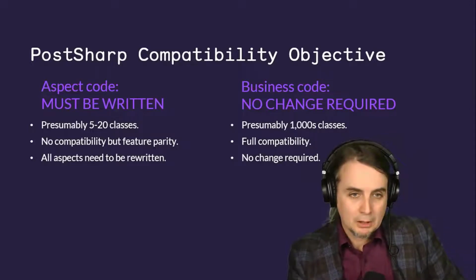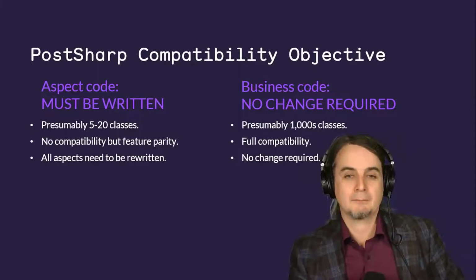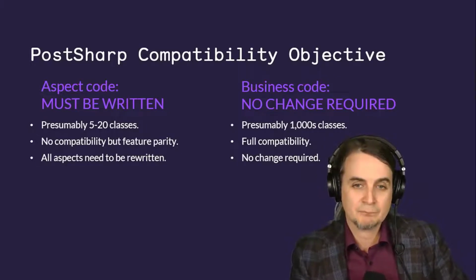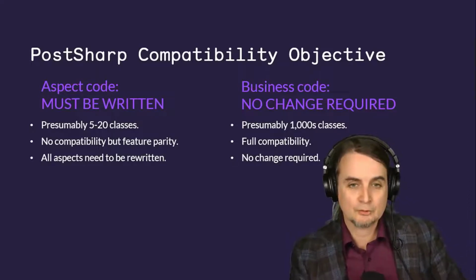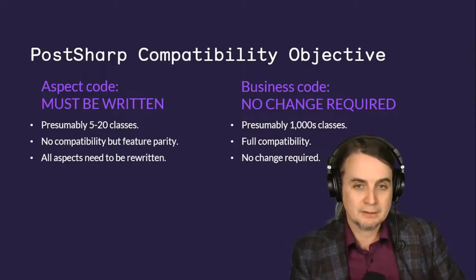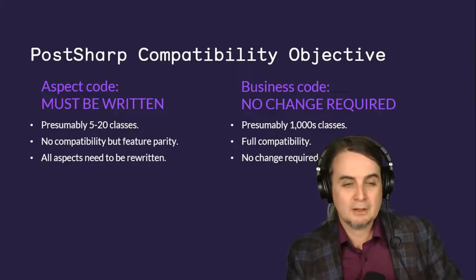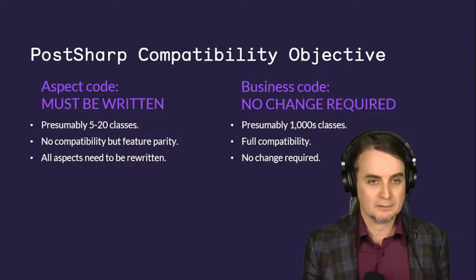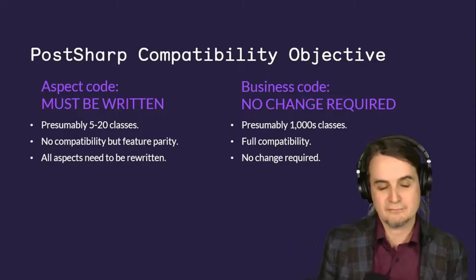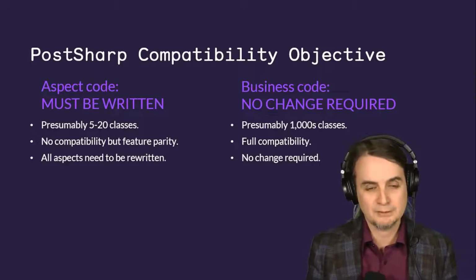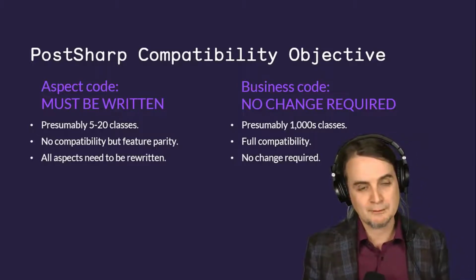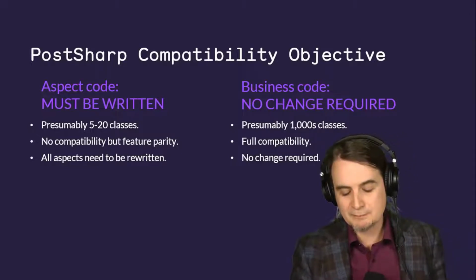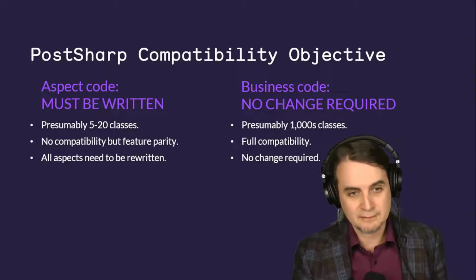But what we intend is that the rest of the business code will not require any change or not any significant change. So changes would be required in potentially 1% or I think less, even a tenth of a percent of classes. That would be the objective, because you would be able to create aspects that do exactly the same thing as in PostSharp.